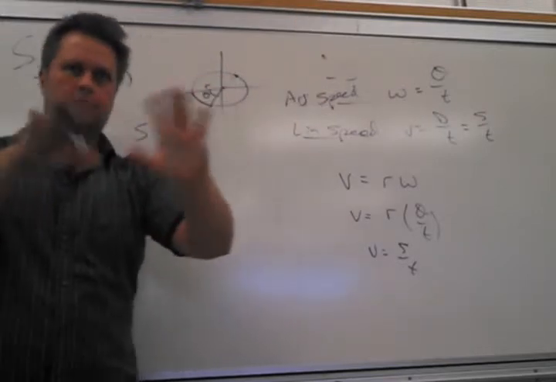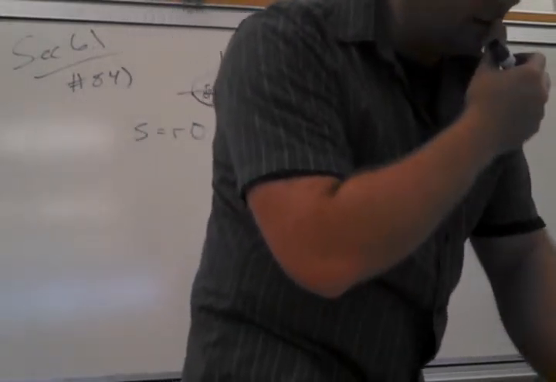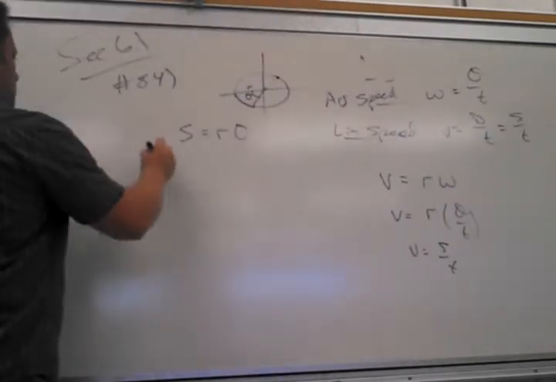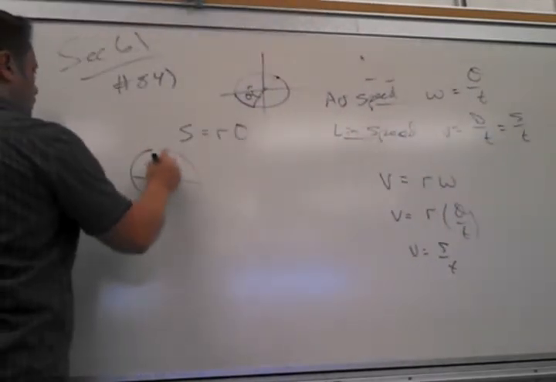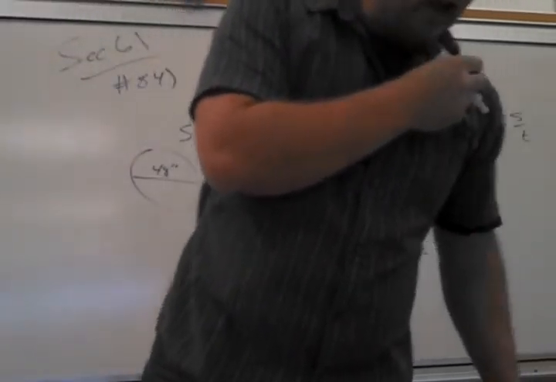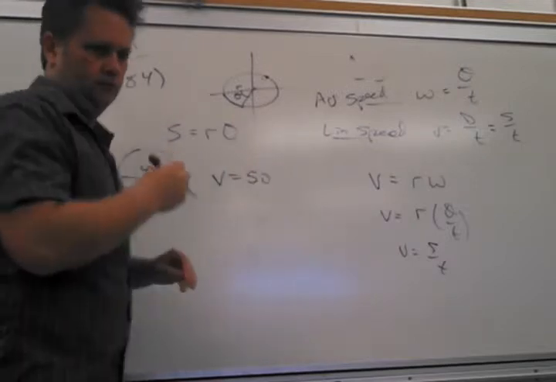All right. So this problem says I've got a truck with 48-inch diameter wheels. So the wheels are 48 inches. It's traveling at 50 miles an hour, so the linear speed is 50 miles an hour.